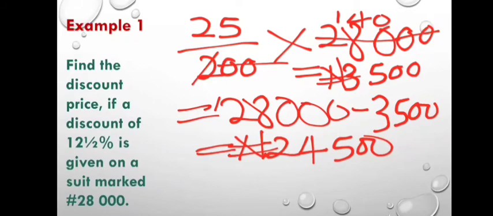This is the amount that the buyer pays, which is the discount price. You can see that the value has been reduced. The amount for the item has been reduced, and that is what we call discount. So the buyer pays 24,500 naira instead of the marked price, which is 28,000 naira. So there's a reduction in the price of the item.